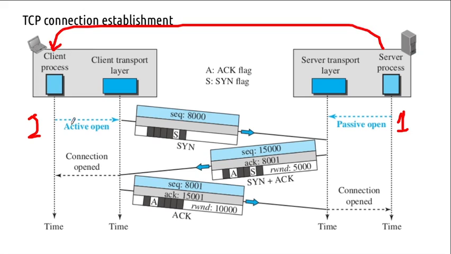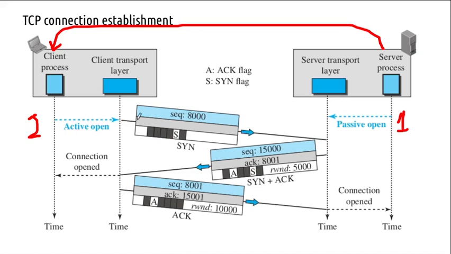Then it issues a command, a request to its TCP layer, telling that I want to make a connection with this host. That means the IP is known, this server with this particular port number. So you will give the port number, the socket number. So this host running this particular server process. That is the active open case.